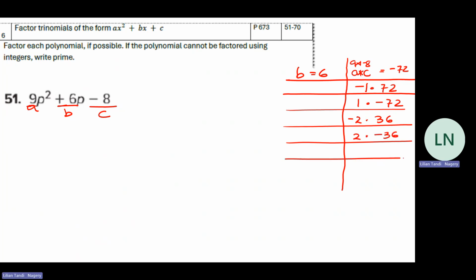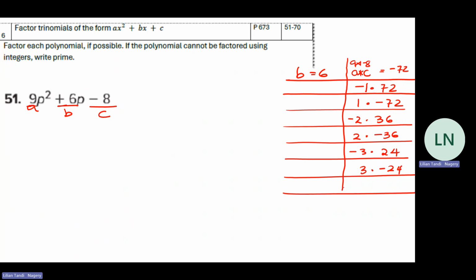Then you ask yourself, does 3 go into -72? Yes. 72 divide 3, that is 24. So -3 times 24, or 3 times -24.